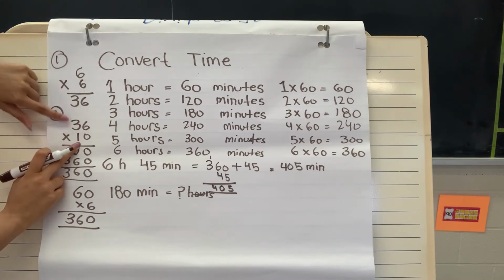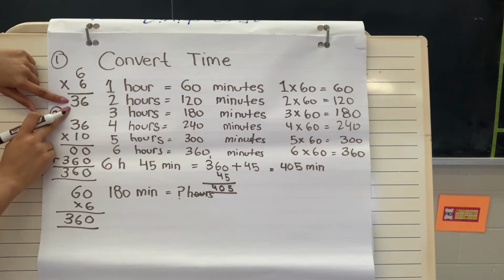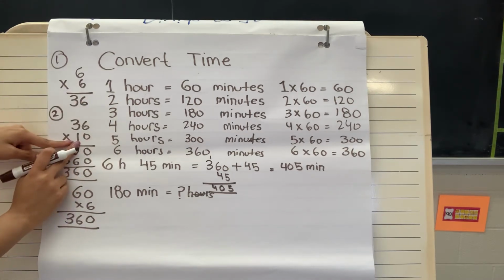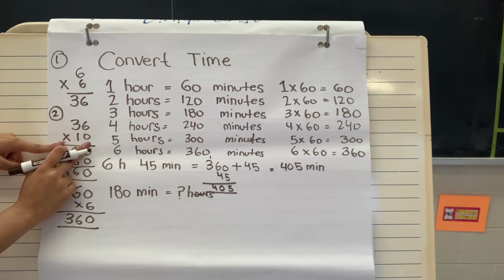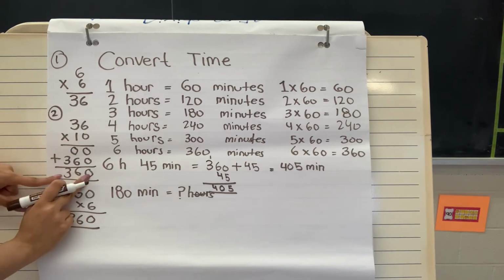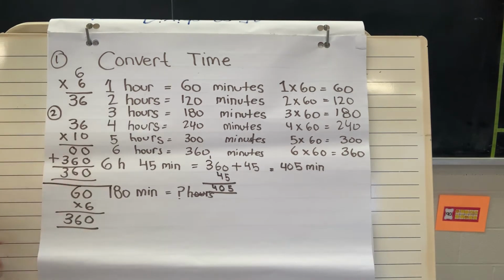Does that make sense? So I multiplied my 6 by 6, which gave me 36, and then by 10. So I got 36 and I multiplied 36 by 10, which gave me 360. So I got my answer. The second way was basically you have 6 tens.